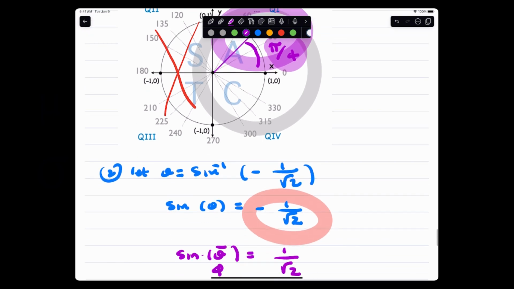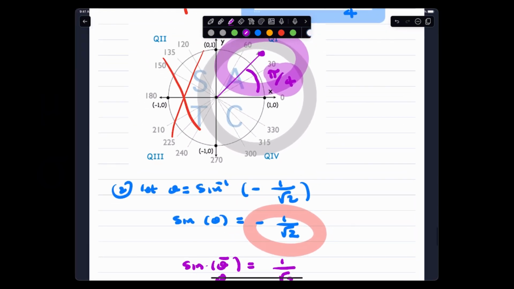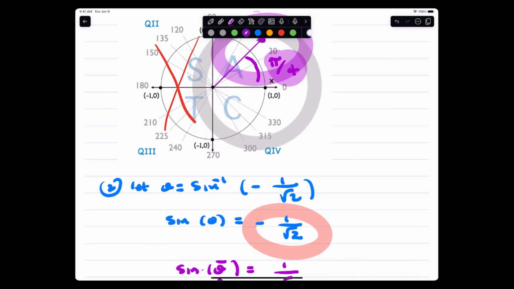But that's not what they're asking. They're asking for a negative angle. So this actually tells you something here, right? What does it say? It says that in quadrant 4, sine is negative. So what this means is that the reference angle here is going to be pi over 4, but it's going to be a negative angle.